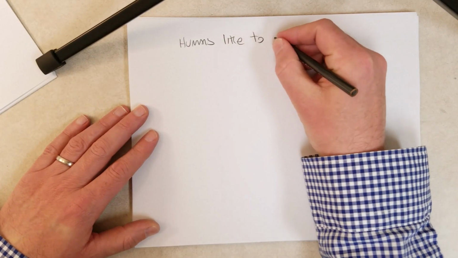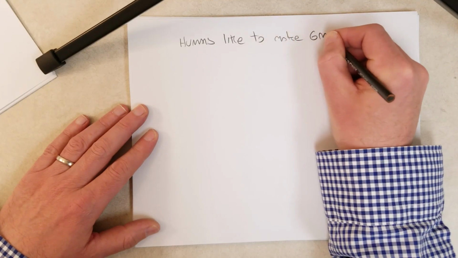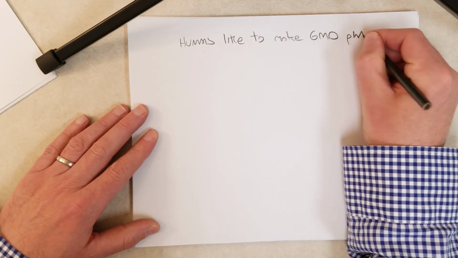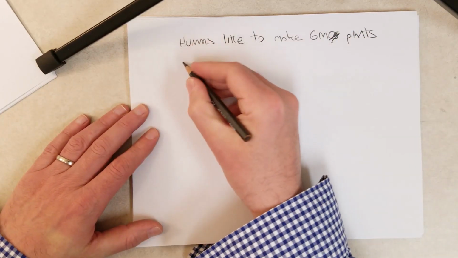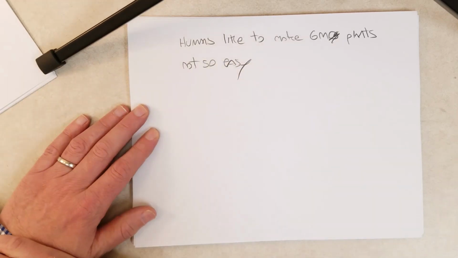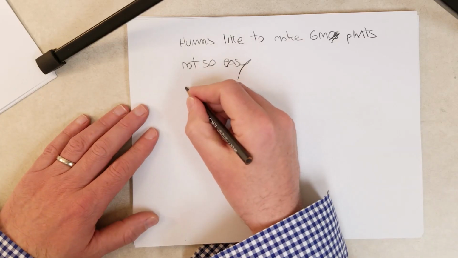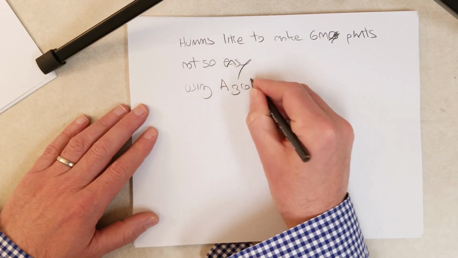So humans like to make GMO plants, or I should probably say GM plants, genetically modified plants, but it's not so easy to do that. So scientists have come up with a way to make it easier by using Agrobacterium.